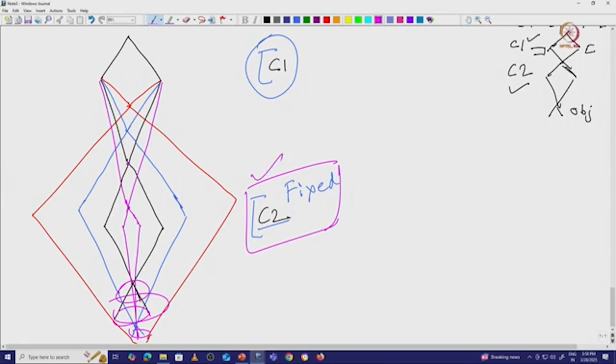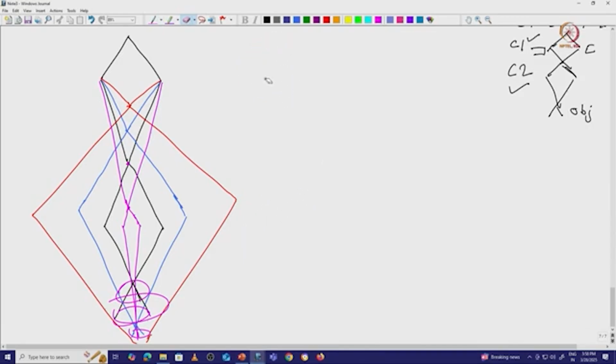So we'll change the C2 lens current also, in such a way that all the electron beam converges in one particular point and then spreads from there. Here this is our C1 lens, this is my C2 lens, and let us change both of them and see what we get.